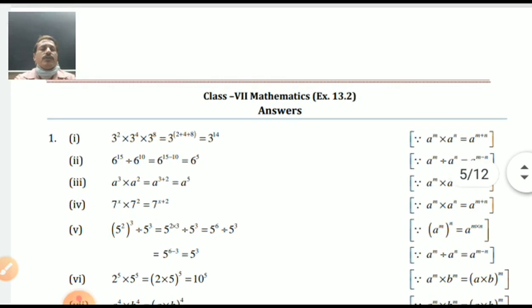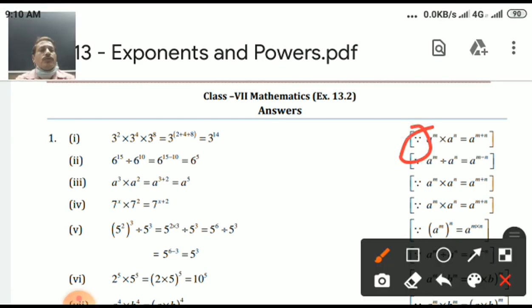See the first rule, a raised to m into a raised to n gives me a raised to m plus n. Do you know the meaning of this? It is just a repeated multiplication, that's why it is acceptable. This is maths, and I have already said a number of times, maths does not accept any wrong or imagined answers.